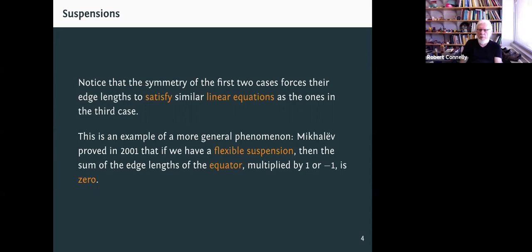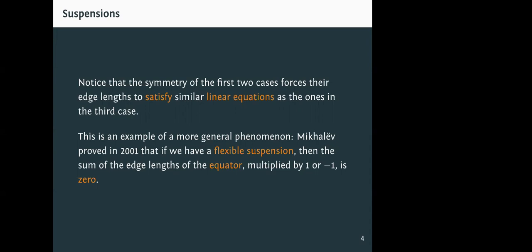Namely, if we have a two complex in which for any edge you have exactly two faces adjacent to that, then our theorem applies. And it means that if that object flexes, then for any edge which is not frozen, there will be a cycle in which the sum of the edge lengths is 0.